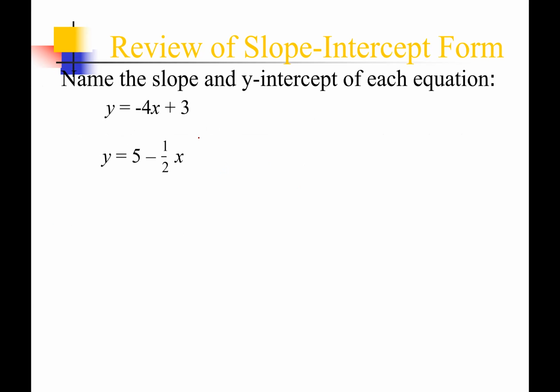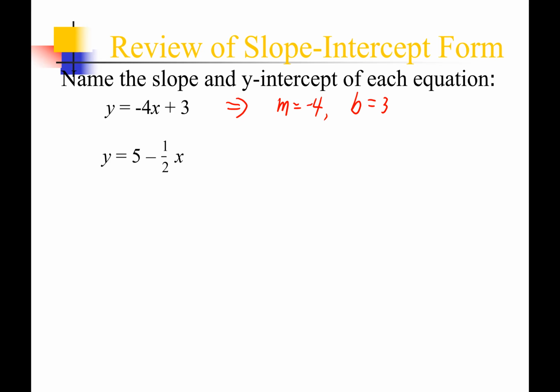Now here you go. Let's just identify the slope and the y-intercept for each one of these. Start with this one, right? So the slope, once it's in the slope-intercept form, is the number in front of x. So slope here is -4. Then the number right after x is the y-intercept, b equals 3.